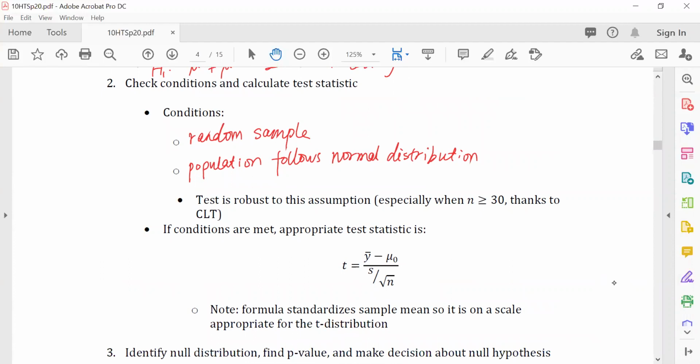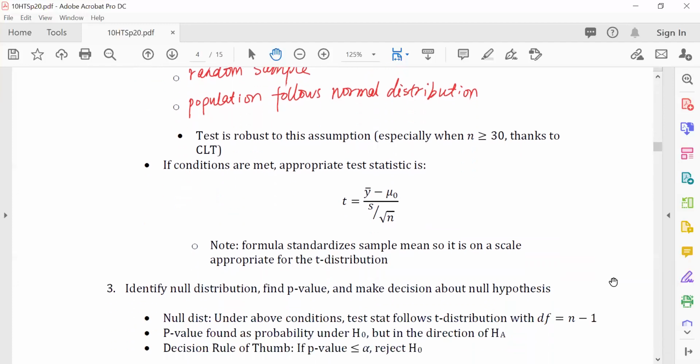If you construct your test statistic like this, then it will follow a t-distribution. How we know it follows a t-distribution is either by simulation or by theoretical derivation. We are not going to talk about how we get it, but you just need to know that this is going to be a t-test statistic.